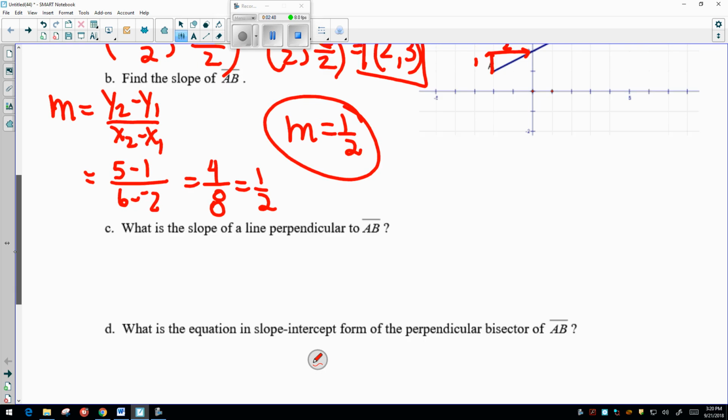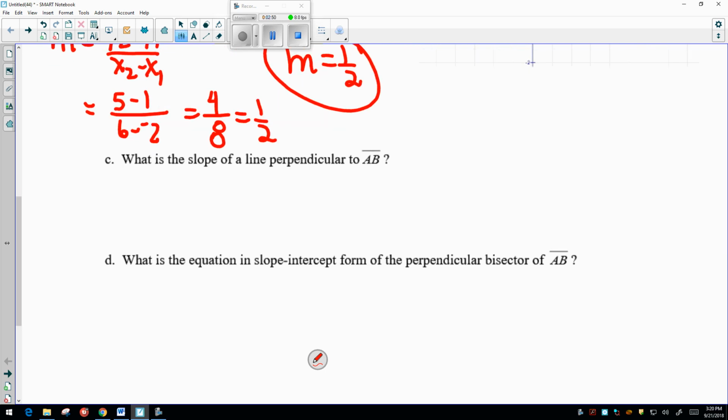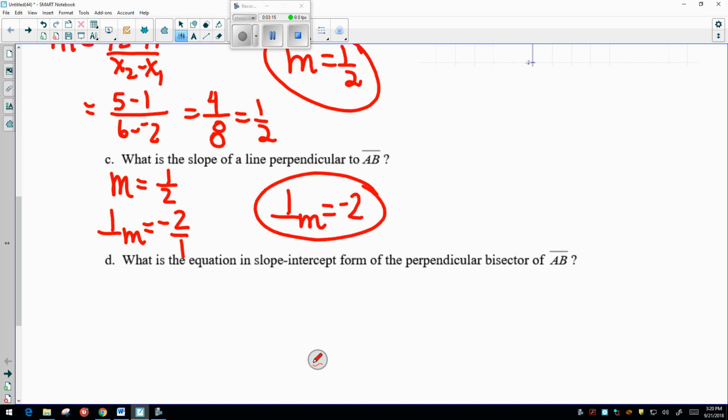Now, to find the slope of a perpendicular line, if our regular slope is +1/2, we want to think flip and negate. If I flip 1 over 2, it becomes 2 over 1. It started off positive, so I need to negate it. So our perpendicular slope, once we simplify, is just -2.